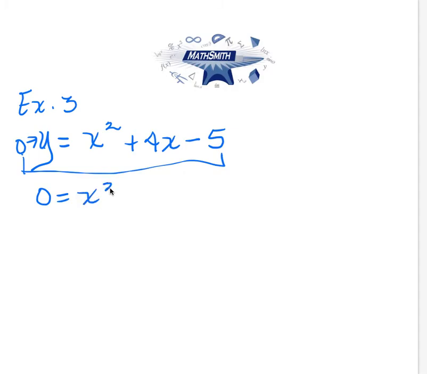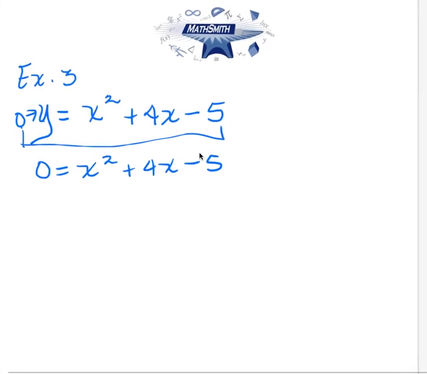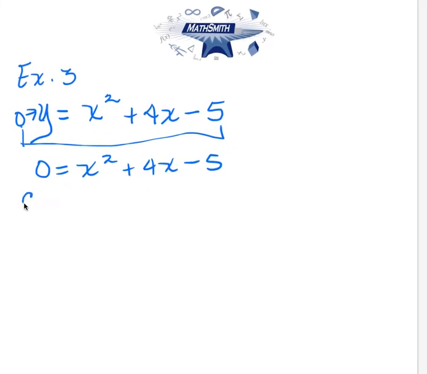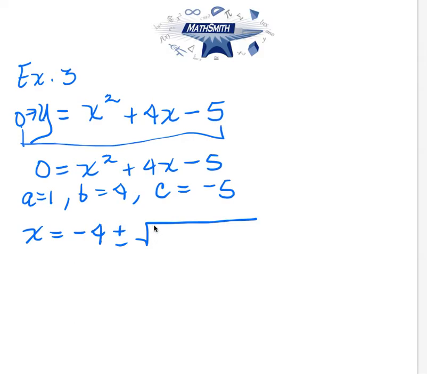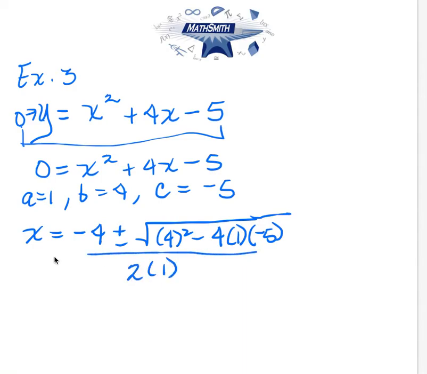So I just set that to 0 plus 4x minus 5, and then I just solve the quadratic just like I normally do. So A is 1, B is 4, and C is negative 5. Okay, so x is going to equal the opposite of b, so that's negative 4 plus or minus square root of b squared, so that's 4 squared, minus 4a, which is 1, and c, which is negative 5, all over 2 times a, and a is 1.